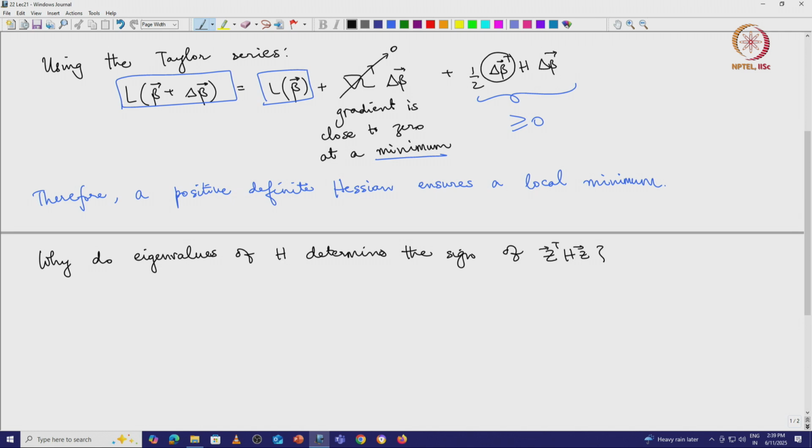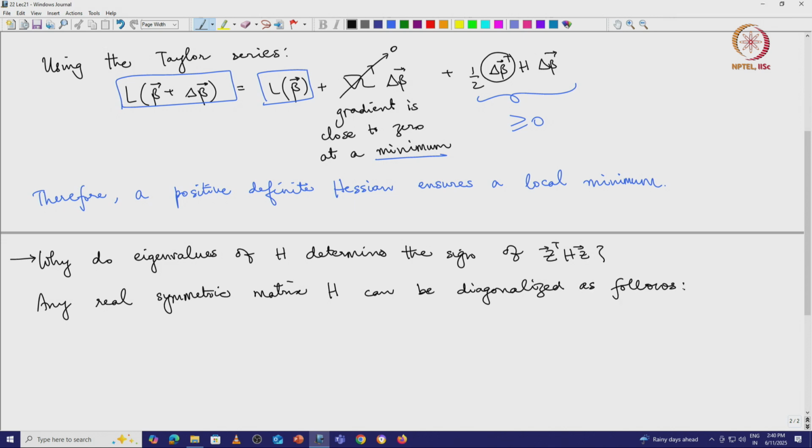Now to answer this question, it is important to recognize that any real symmetric matrix H can be diagonalized as follows. We are going to work with real parameters and real functions here.